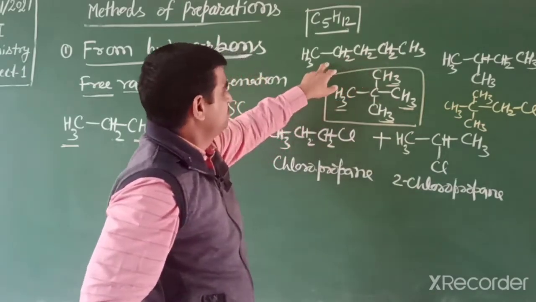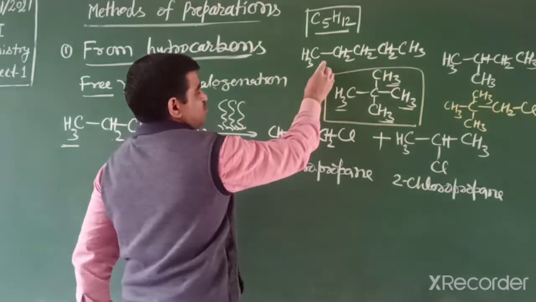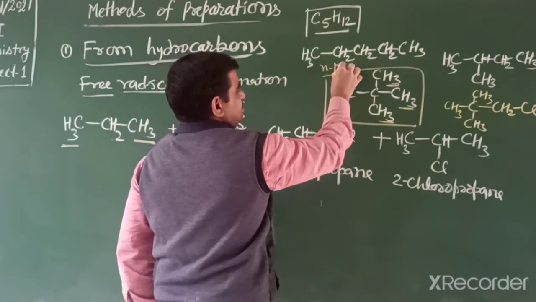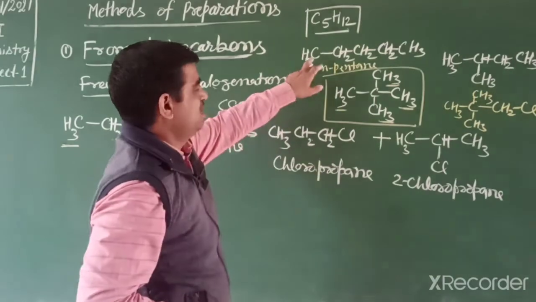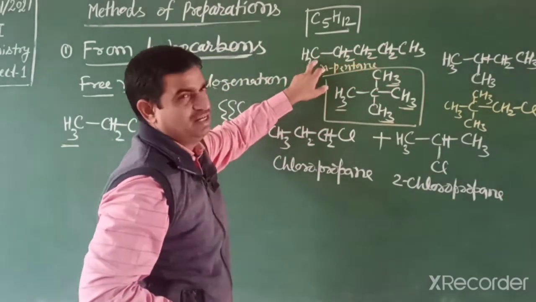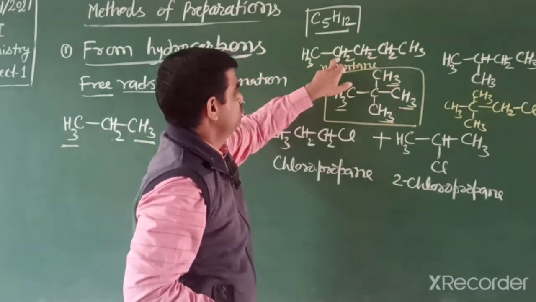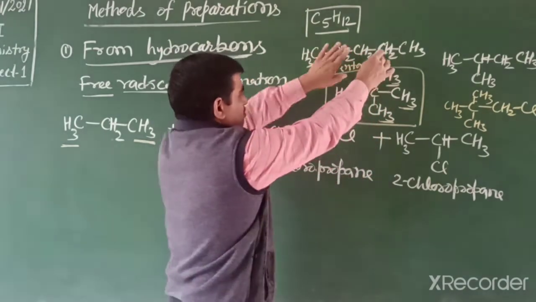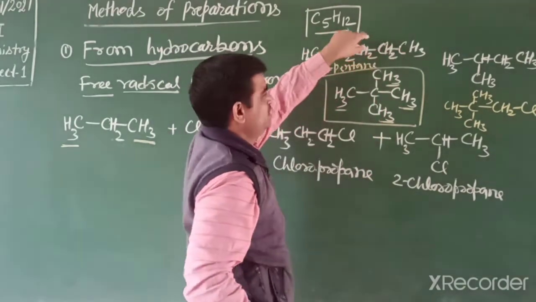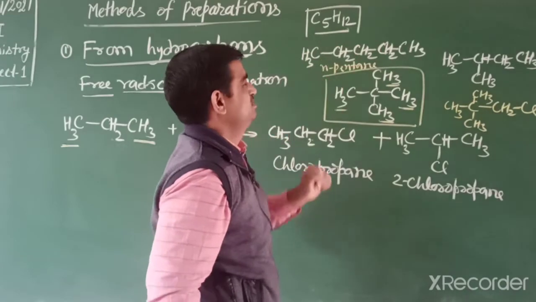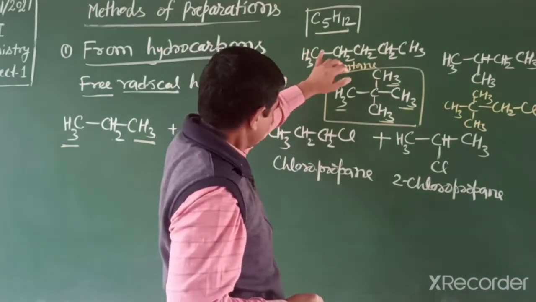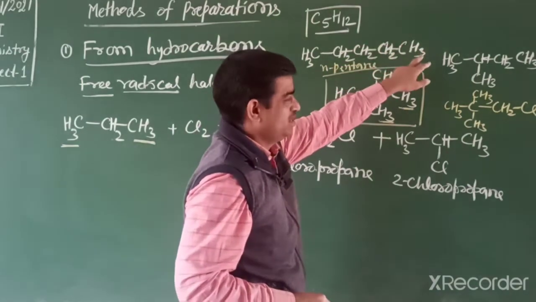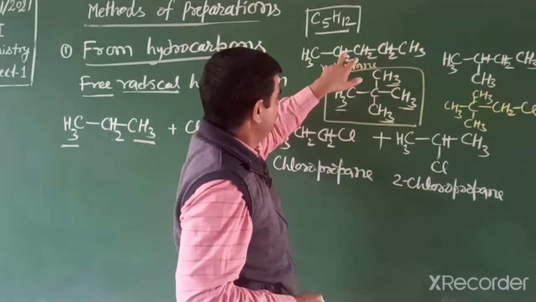Then the first one, normal pentane. In this normal pentane, what do you get? These 6 hydrogens are similar, these 4 hydrogens are also similar, and 2 hydrogens are different. So if you chlorinate, we remove a hydrogen out of 6, or out of 4, or the 2.